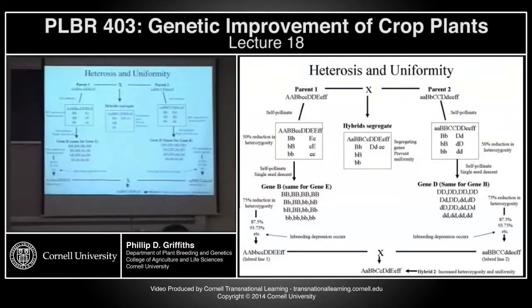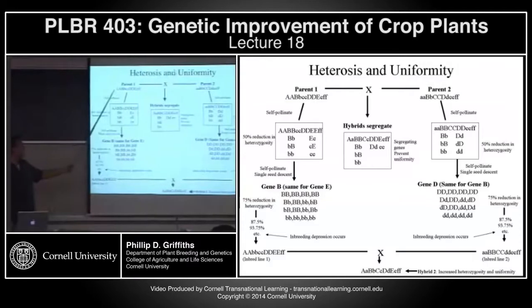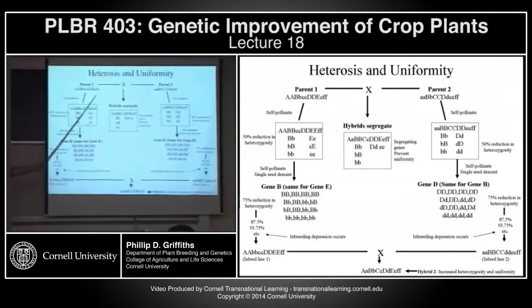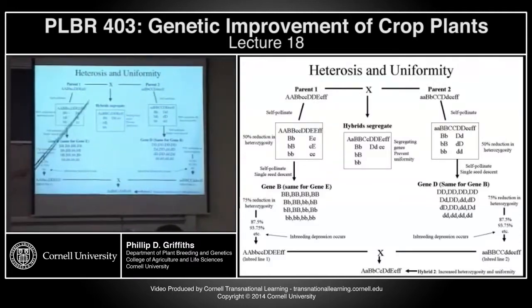But basically, if we just take the example of maybe 6 genes that might exist in each of 2 parents that you might be looking at to create a hybrid cross. Many of those genes are going to be homozygous, like AA, CC, DD, FF. Some of them are going to be dominant, some of them are going to be recessive. And some of the genes, like the B case here and the E case, will be heterozygous.